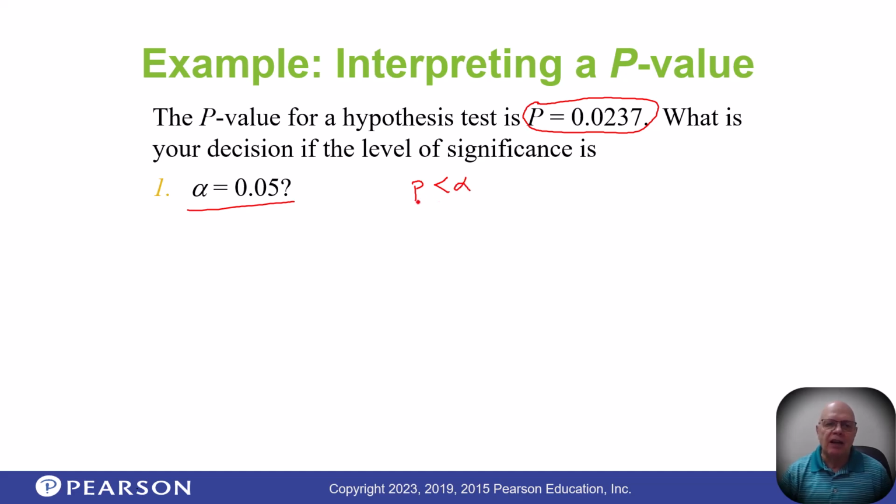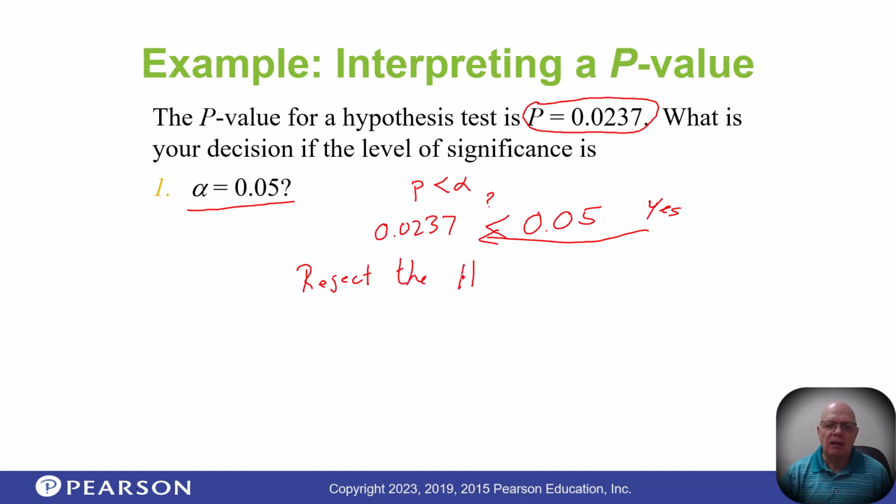So fill it in. The p-value here is 0.0237. And question, is it less than alpha, which is in this case 0.05? Well, yes, that is true. So we're going to reject the null hypothesis.